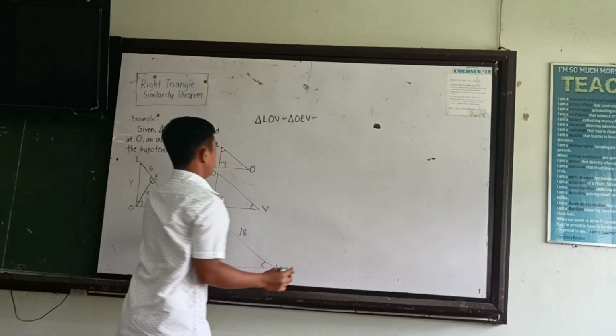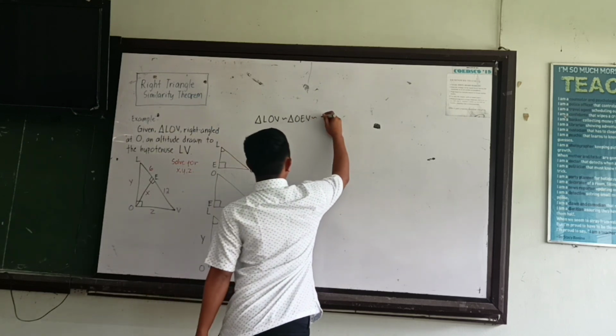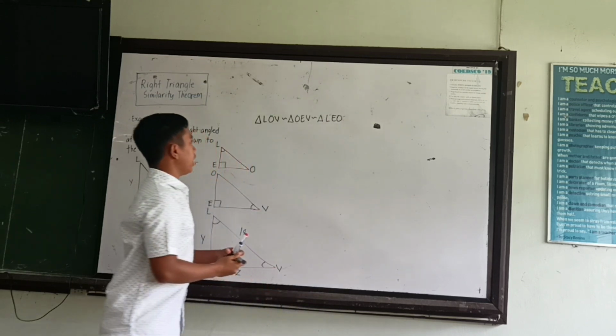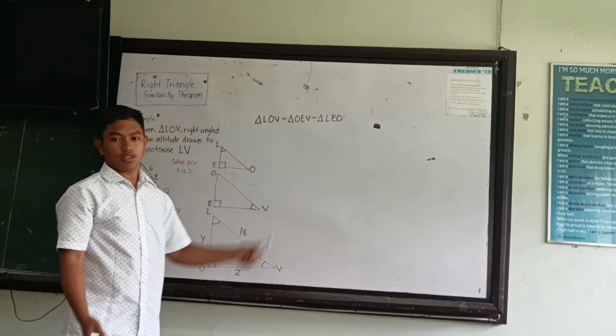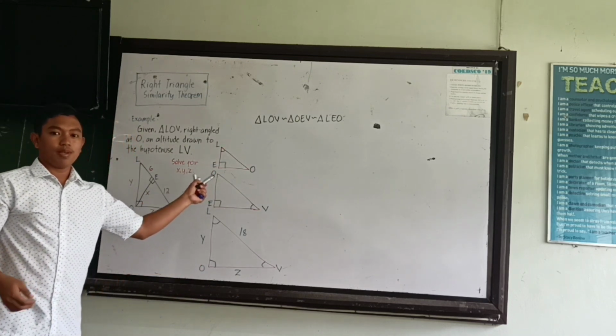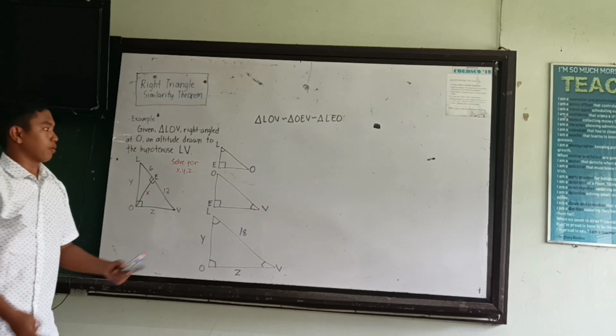It is also similar to the smaller triangle LEO. Now that we have our similarity notations, we can compare the three similar triangles and get the proportionality statements.